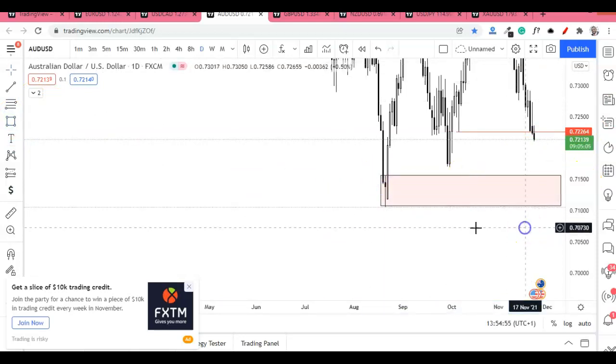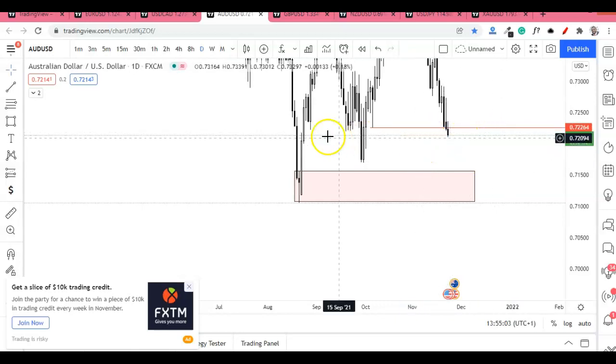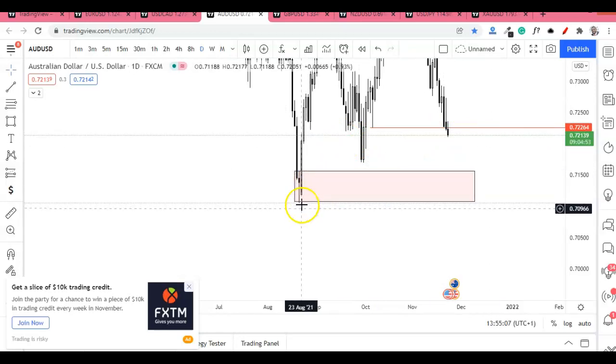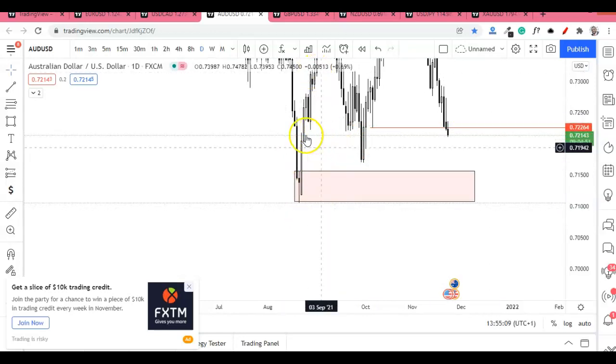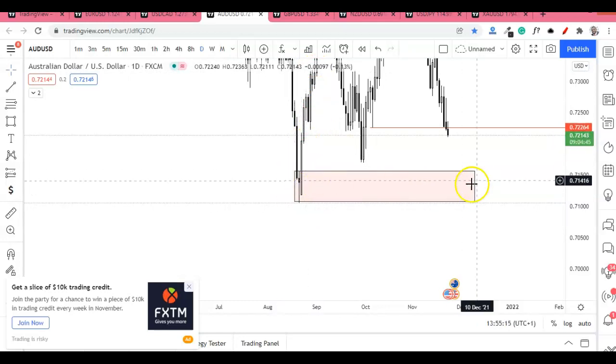Why is it a demand zone? Because it is below the current price. When you identify the current price, then you look left to your chart, identify an area of demand where there was a sharp move that created an imbalance. You can see this is a sharp move that created an imbalance here.